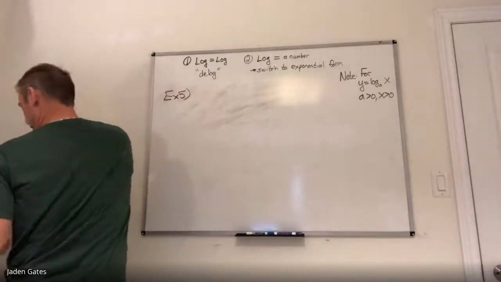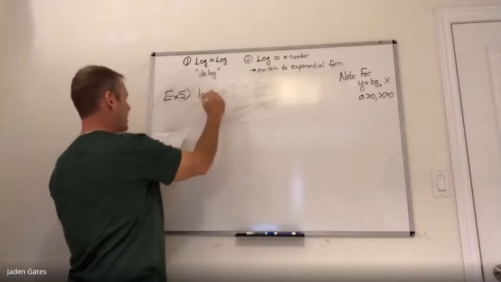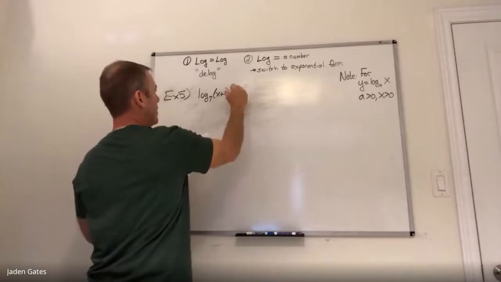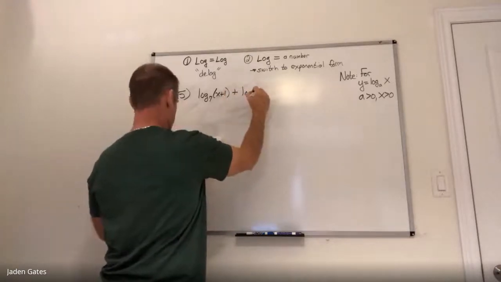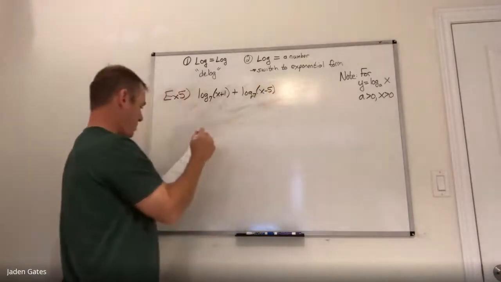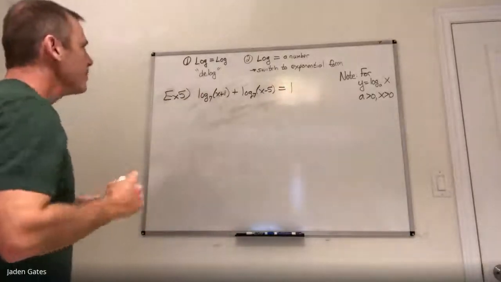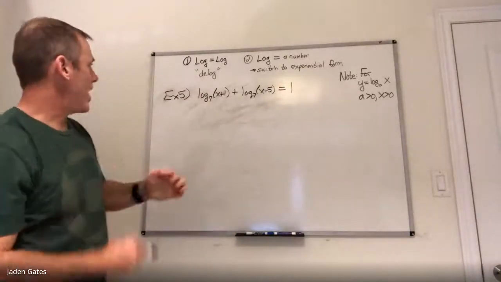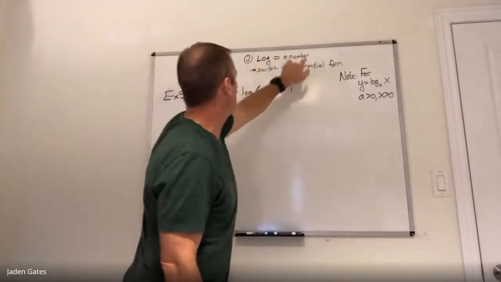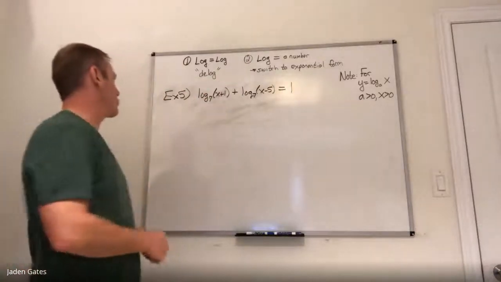We have log of x plus 1 with a base of 7, plus the log of x minus 5 with a base of 7, equals 1. Oh, okay, so we got a number on that side. So I know we're going to have a log equaling a number. So we're going to eventually have to make that happen first so that we can switch to exponential form.